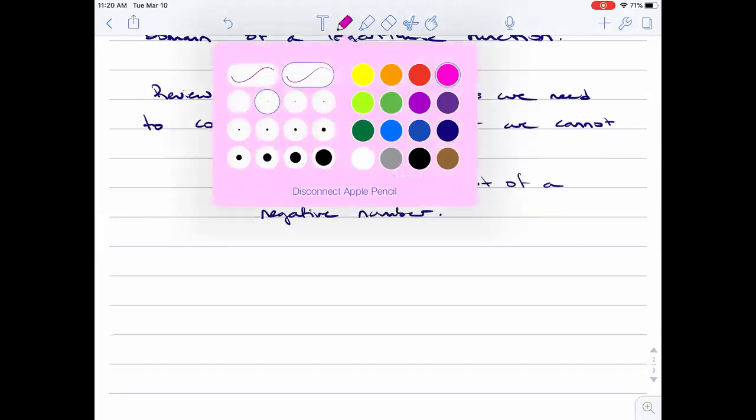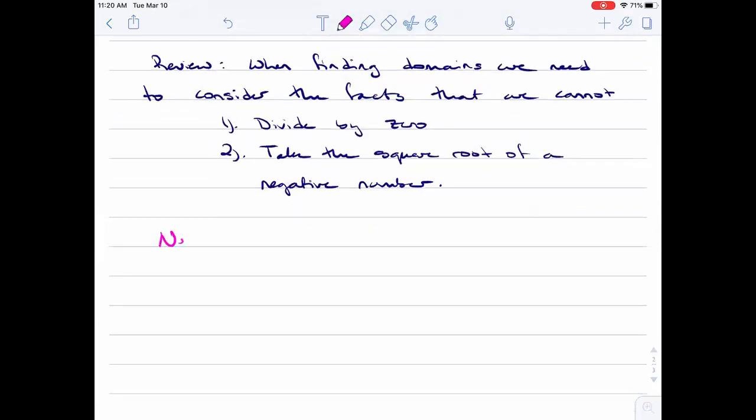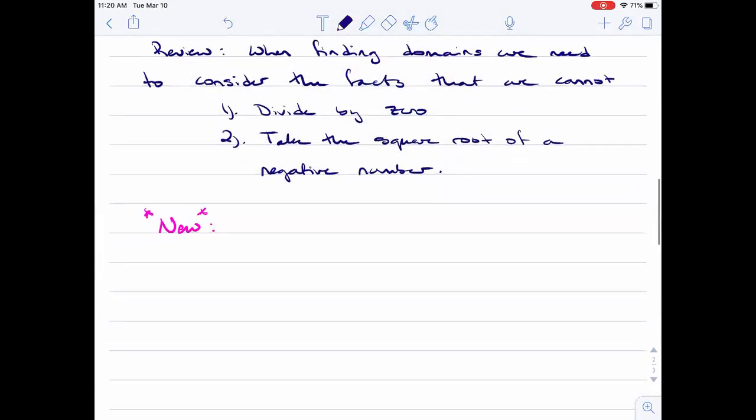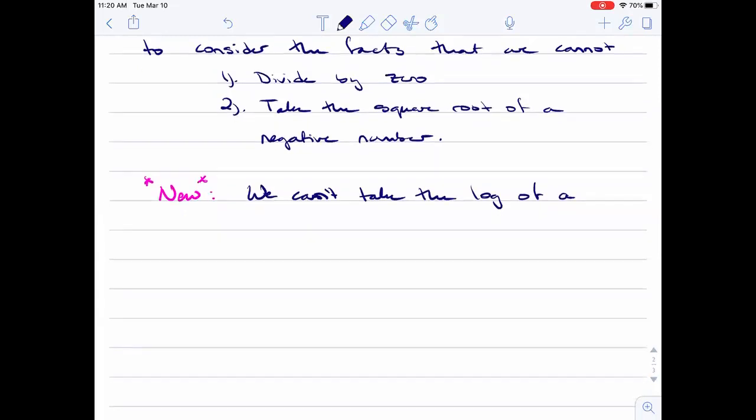So now, what's new is that we can't take the log of a non-positive number.